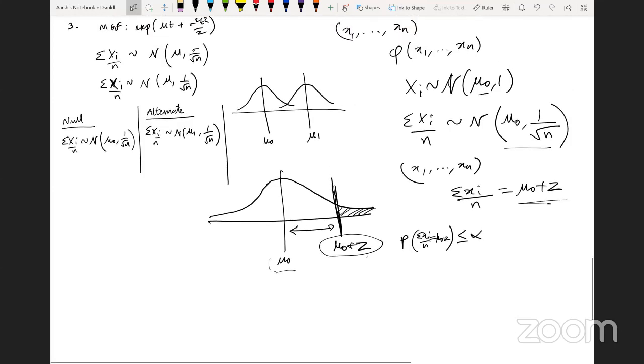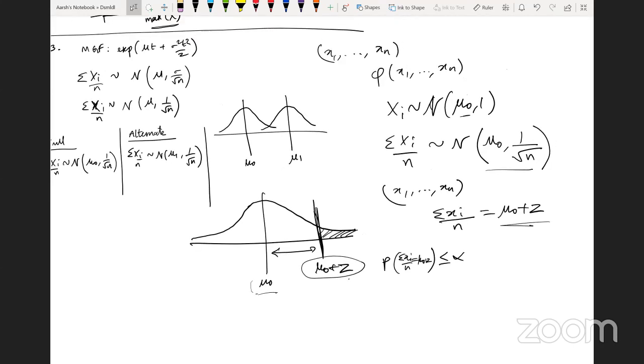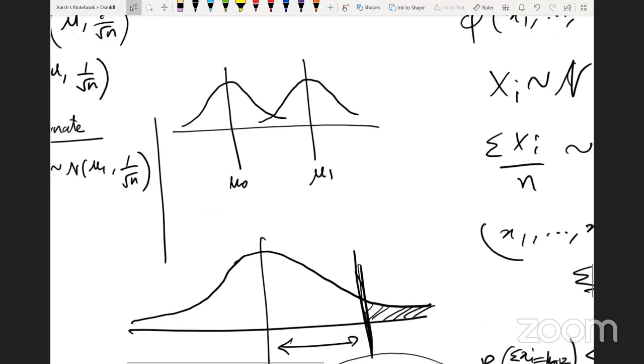For an intuitive understanding, let's say we plot the PDF for both the null hypothesis and the alternate hypothesis, and let's say you observe the sample mean to be somewhere over here.